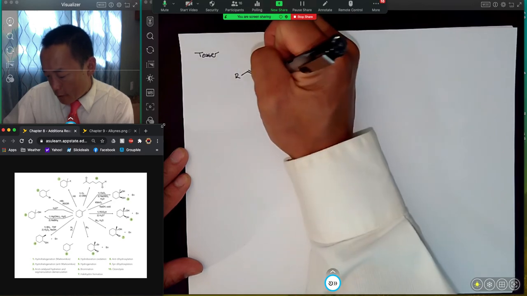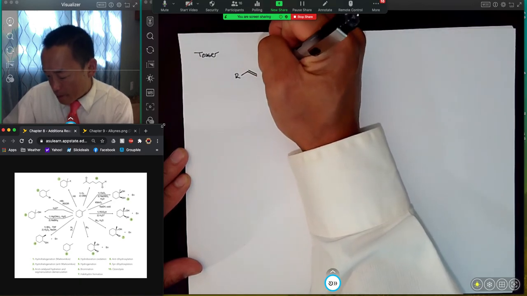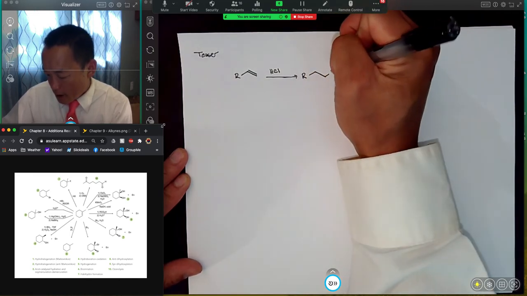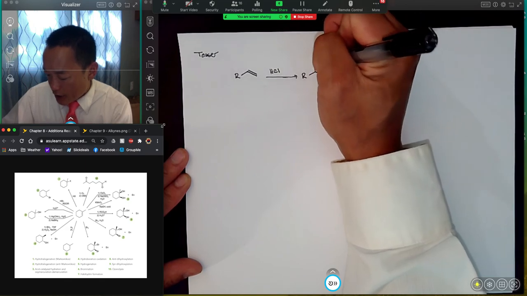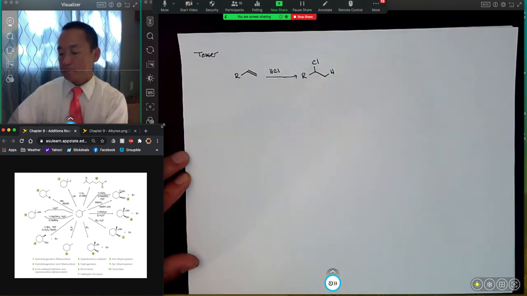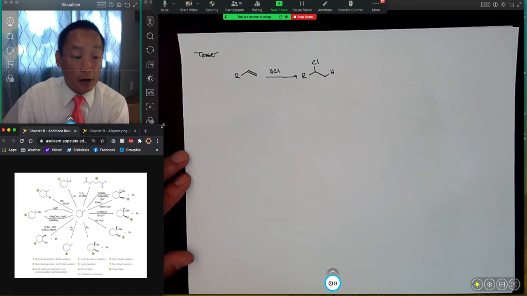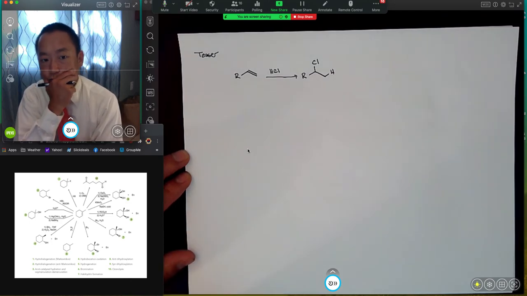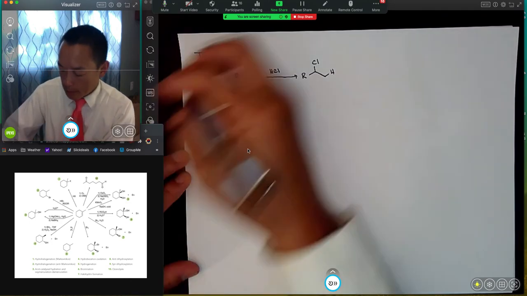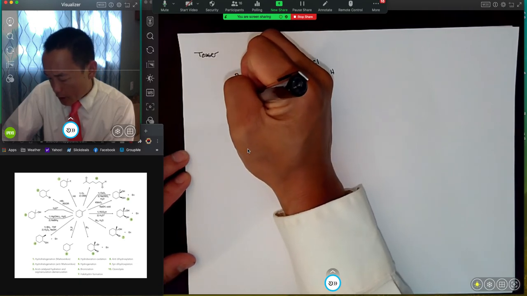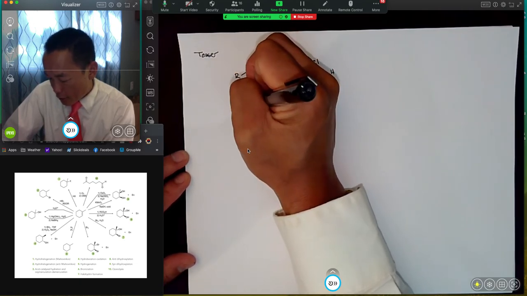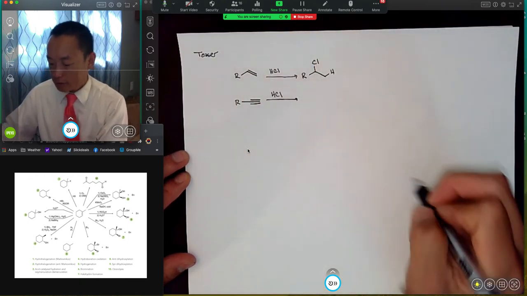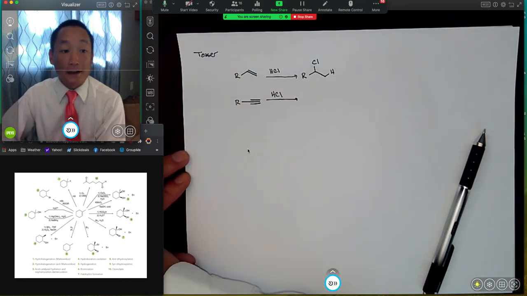If we can take an alkene and add HCl to that alkene to get a halogenated compound, if we can undergo that process, then we simply are moving on to the part where we ask the same question of adding HCl to an alkyne.